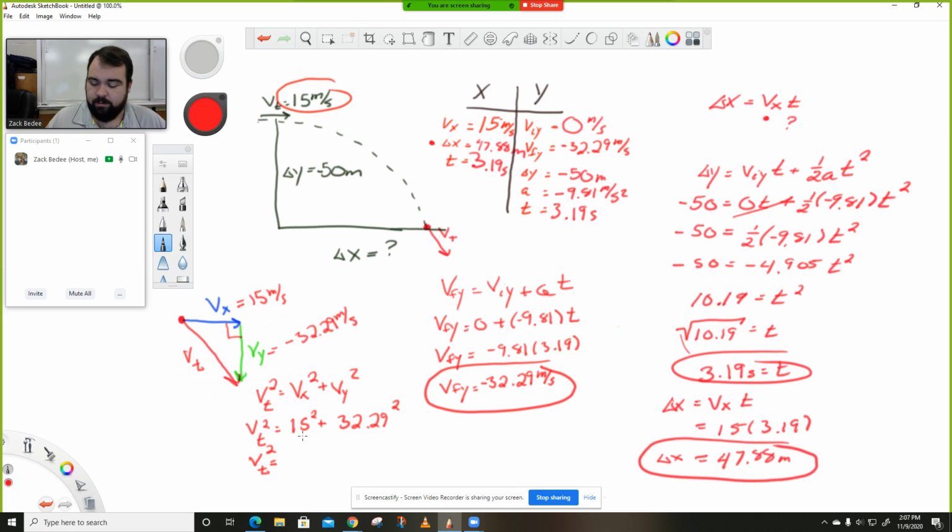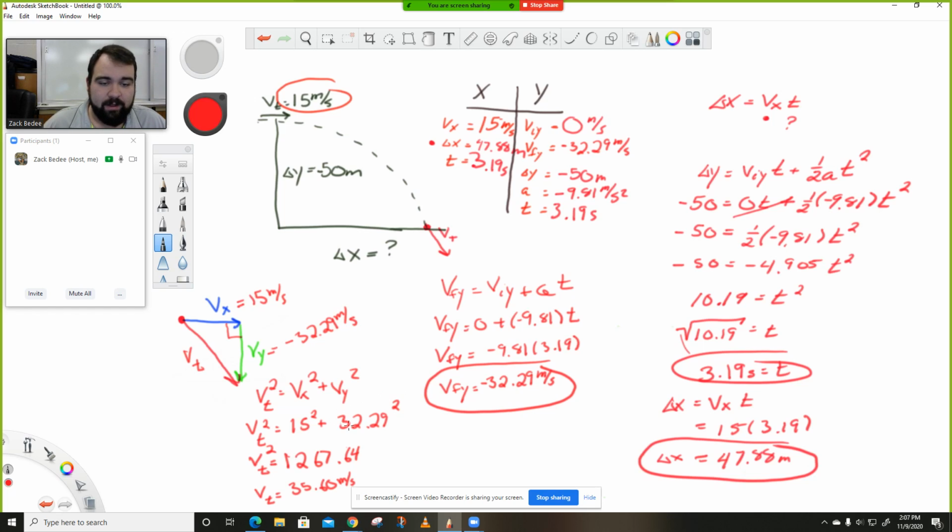So Vt squared equals 1,267.64. And then Vt is the square root of that, and you get 35.60 meters per second.